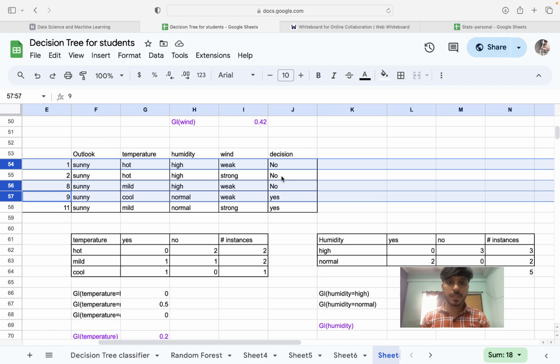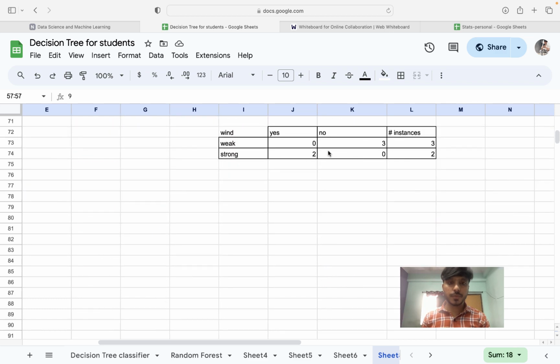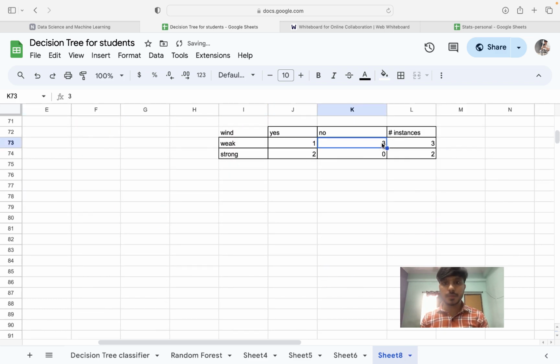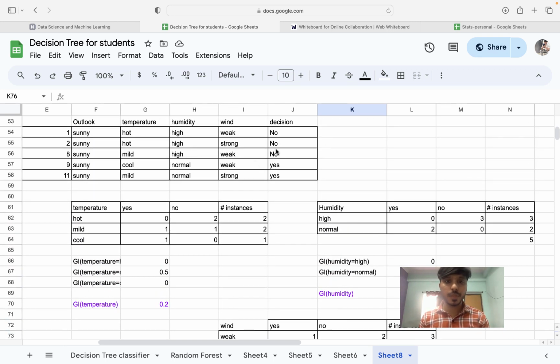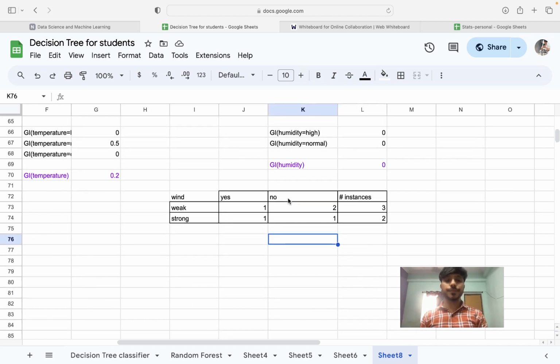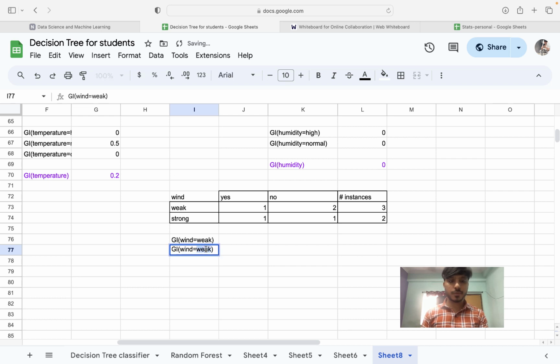For strong, 1 yes and 1 no. So this is 3 and this is 2. Let us confirm one more time: 1 yes 2 no's, and 1 yes and 1 no, correct. After this, again the same boring stuff: we're going to calculate the Gini impurity of wind equal to weak and wind equal to strong.